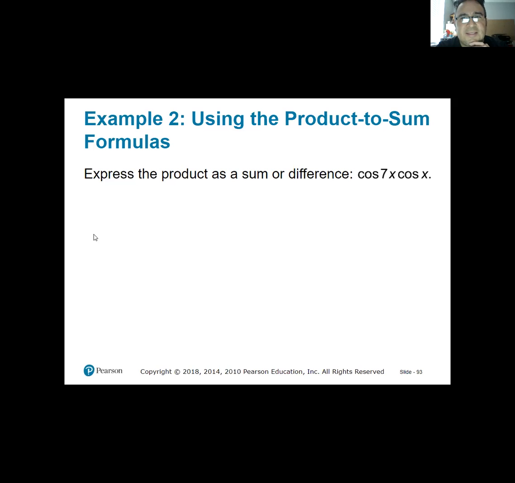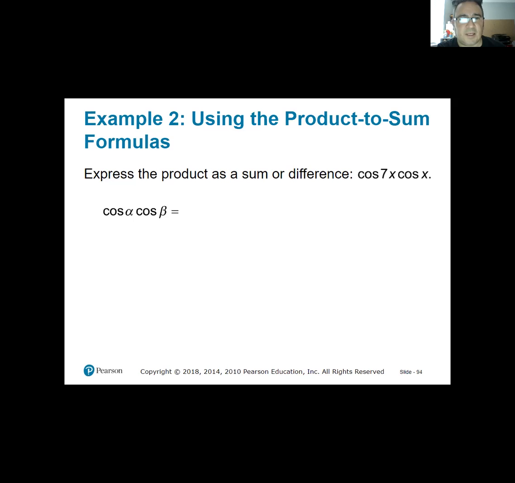Using the product to sum formulas, express the product as a sum or difference. This is cosine of 7x times the cosine of x. So, which formula are we going to use? One half cosine of alpha minus beta plus cosine of alpha plus beta.